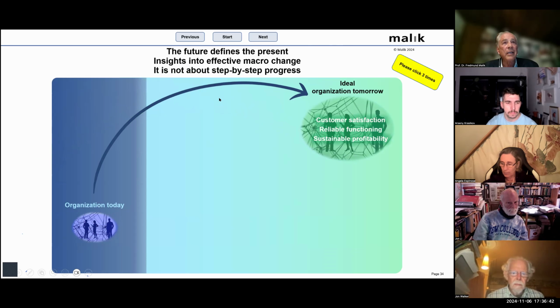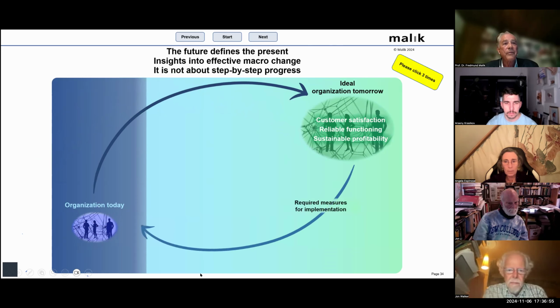and here, the ideal organization tomorrow: customer satisfaction, reliable functioning, sustainable profitability, and then we have the feedback, required measures for implementation up to the first step.